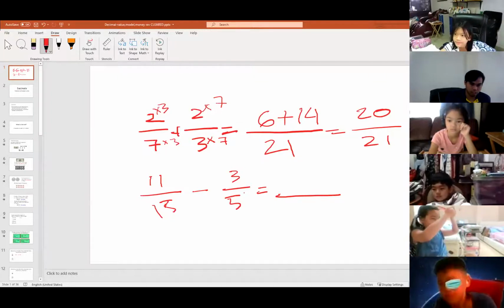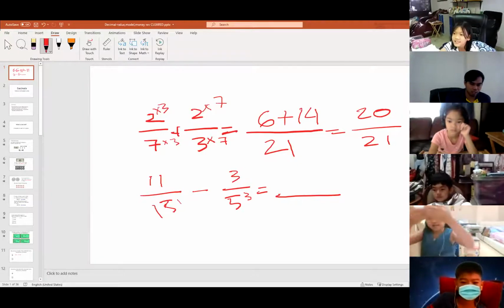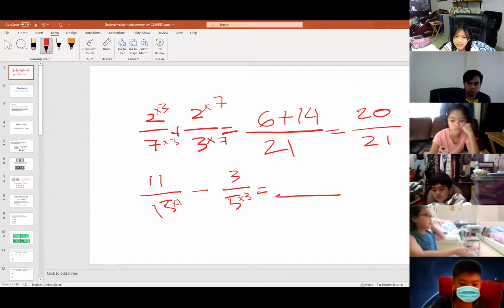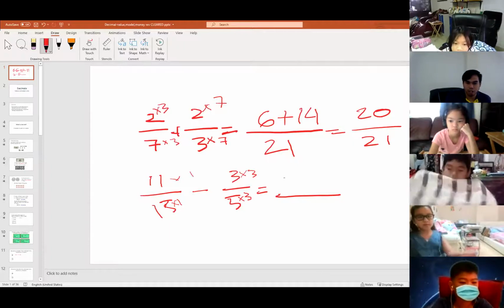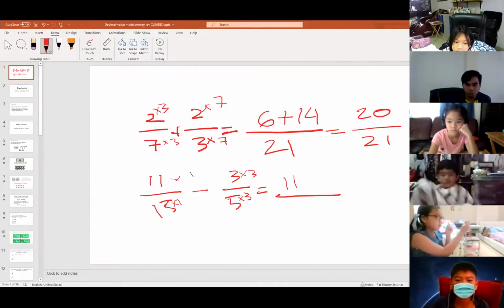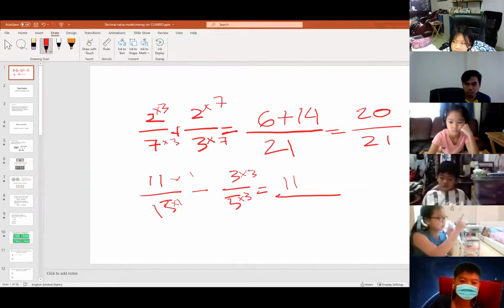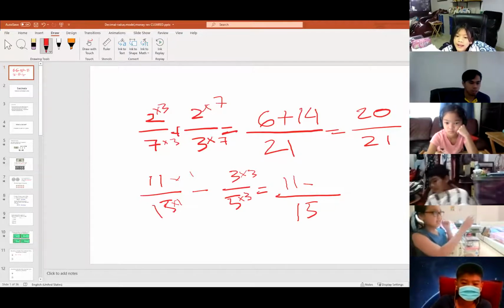How many 15s are in 15? 1. So 15 times 1, 5 times 3. What you do with the denominator, you also do to the numerator. This one times 1 also. So 5 times 3 is 15, or 15 times 1 is 15. Then 11 minus 3 times 3, 9.